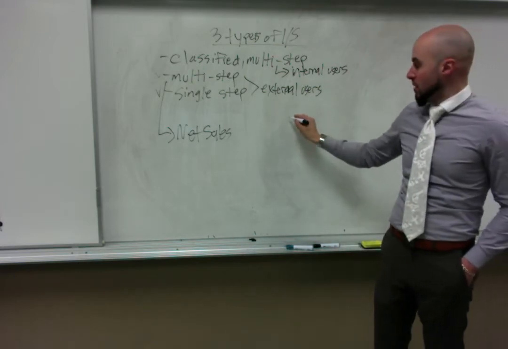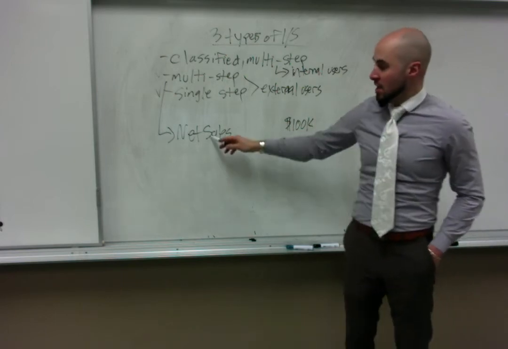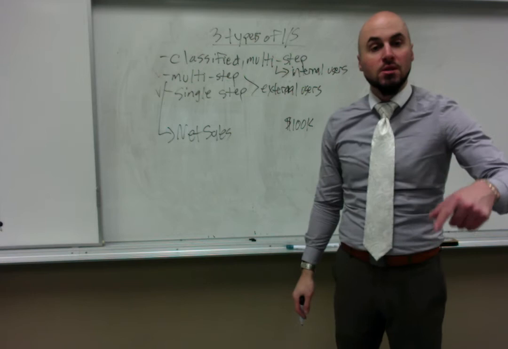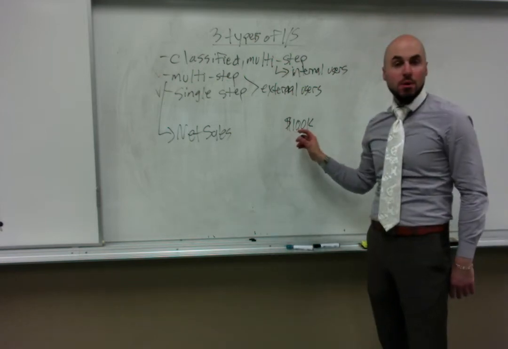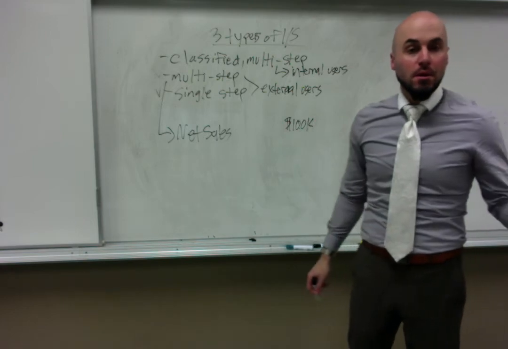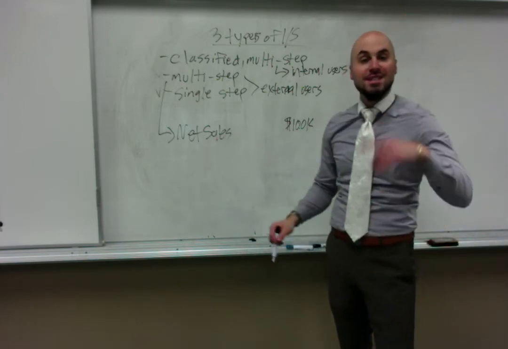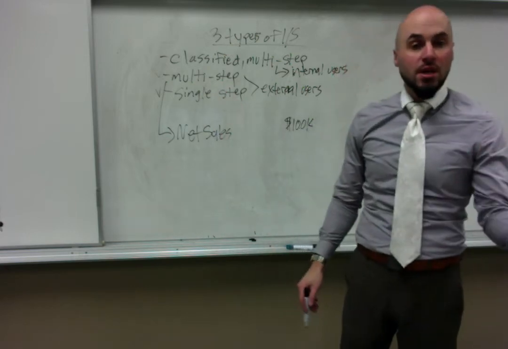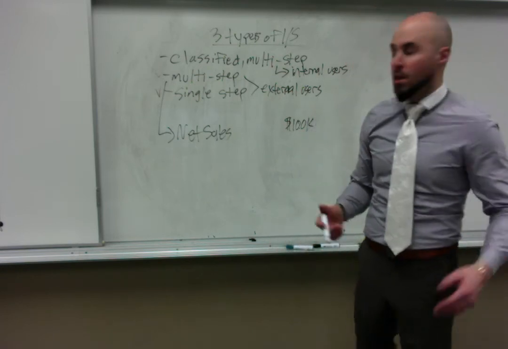Let's say it's 100K. That means sales minus sales returns and allowances minus sales discounts has already been calculated to get this number, and therefore sales returns and allowances and sales discounts is not listed in this multi-step. It's just saying net sales, which implies that the calculation has already been made.